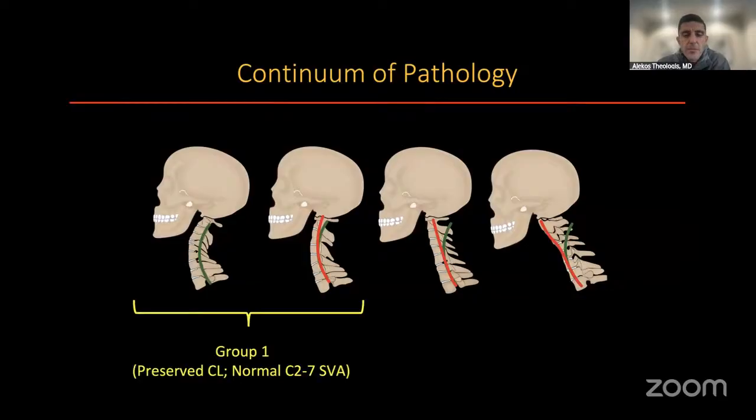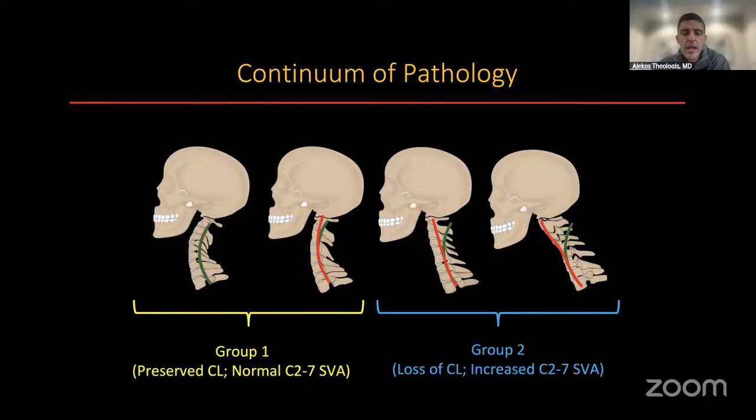Now, I try to think about these patients in two different categories. Group one are those that have preserved cervical lordosis and relatively normal C2-7 SVA, less than 4 centimeters, and group two are those that are starting to have their head thrust forward, they lose their cervical lordosis, and that C2-7 SVA increases.